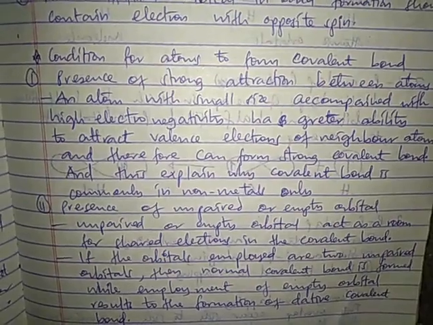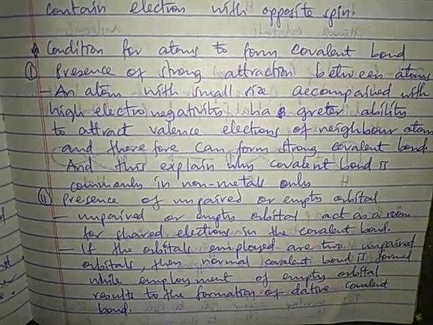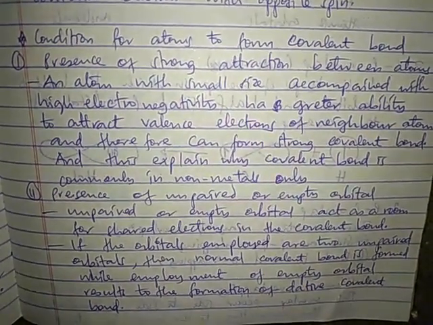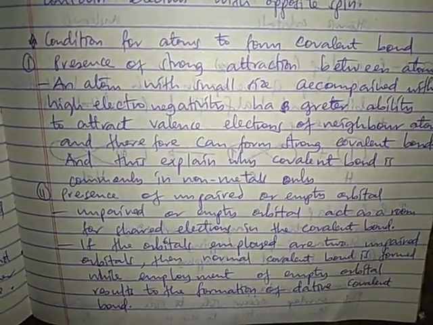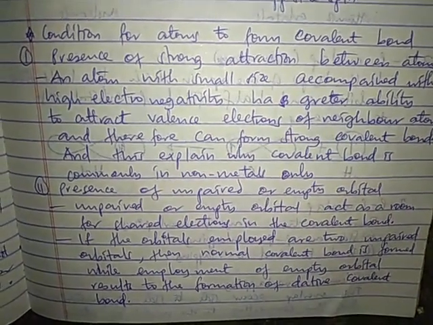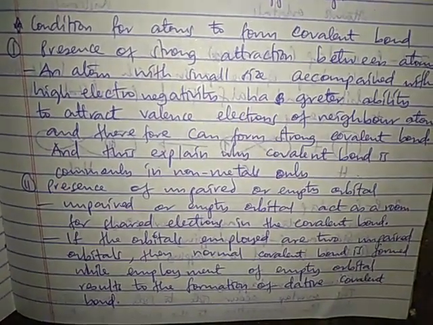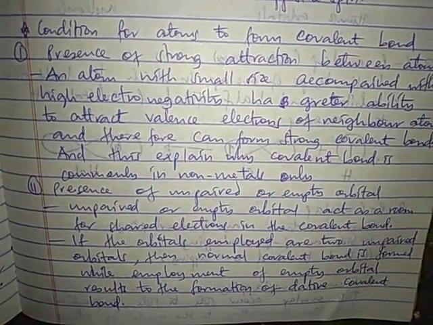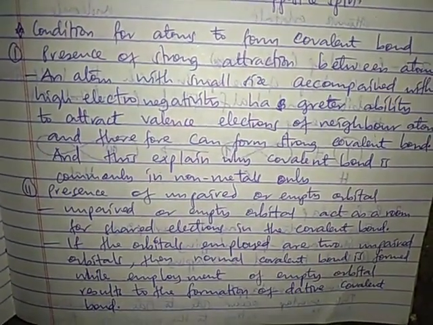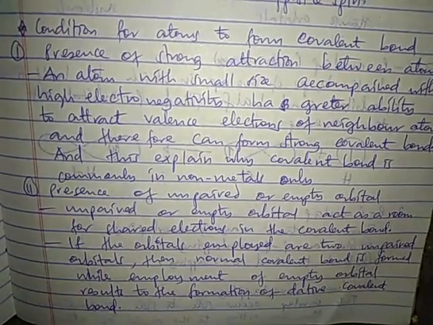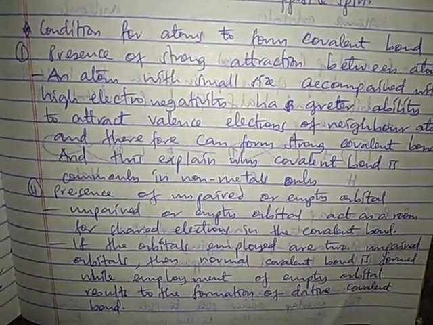Conditions. The first condition is the presence of strong attraction between atoms. In order to form covalent bonds, the atoms should attract. So why is there attraction? Because if one atom has small size and high electronegativity, as we shall see later in organic chemistry, smaller atoms have high electronegativity. Electronegativity increases with the decrease in atomic size, so electronegativity and atomic size are inversely proportional.